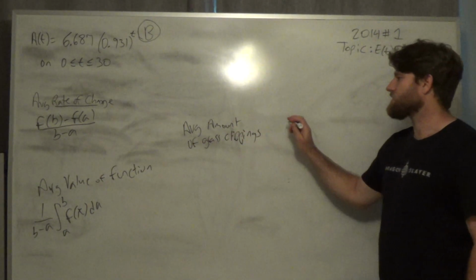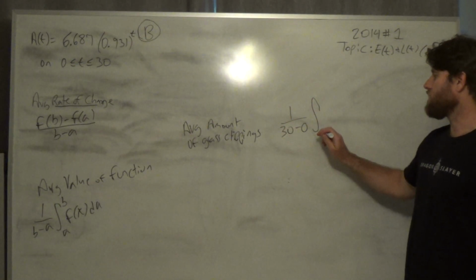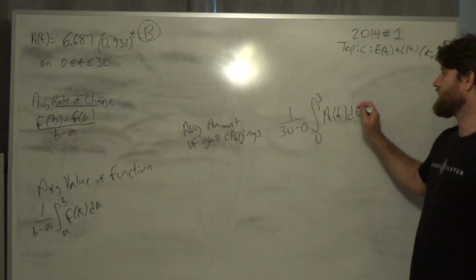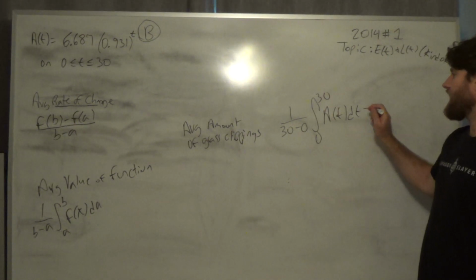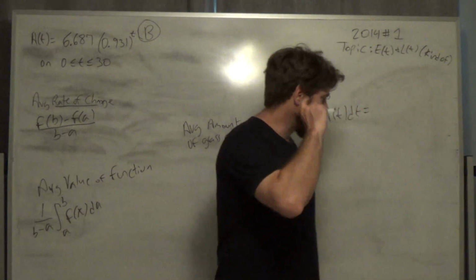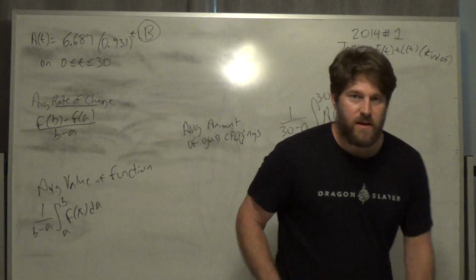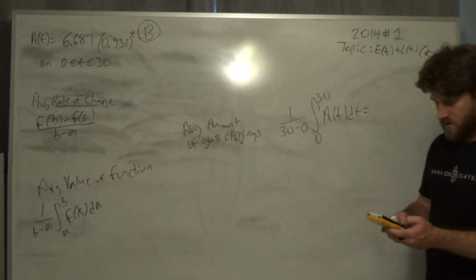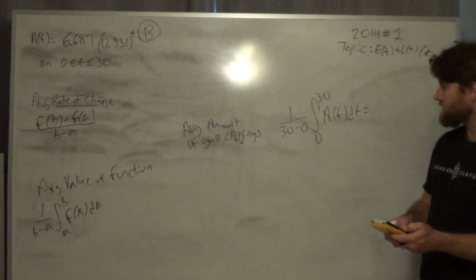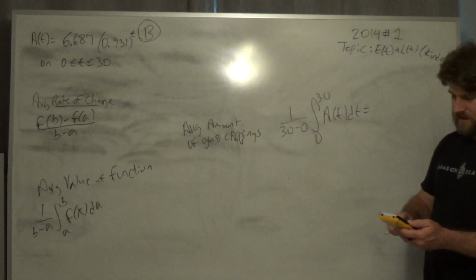So the average amount of grass clippings on the time interval 0 to 30 is 1 over b minus a, integral from a to b of f of x dx, but instead of f of x, it's a of t. And it's a calculator section, so they want us to type this in. So 1 over 30 math 9, 0 to 30, and I'm going to use my hotkeys.